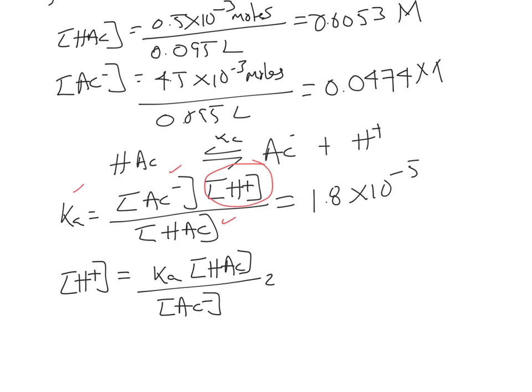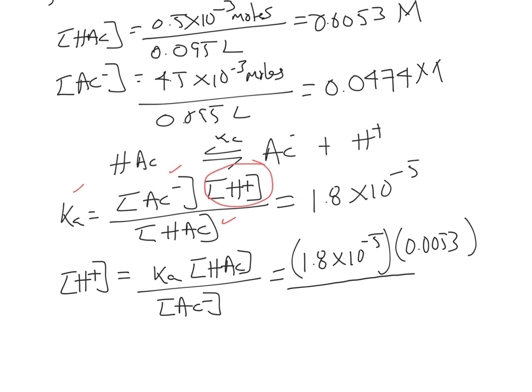So this is going to be equal to 1.8 times 10 to the power of minus 5, multiplied by the concentration of the acetic acid, that is 0.0053, and this will be divided by 0.0474, that is the concentration of the acetate.